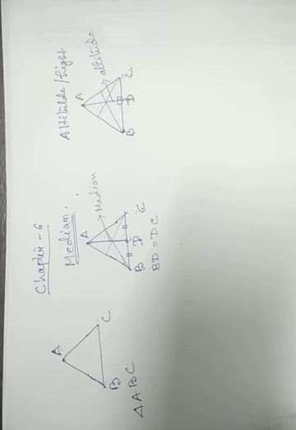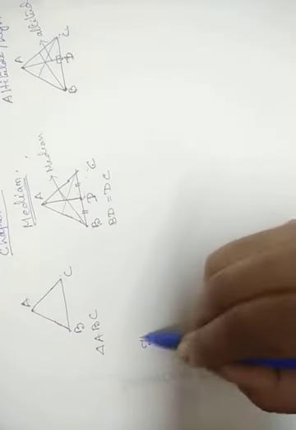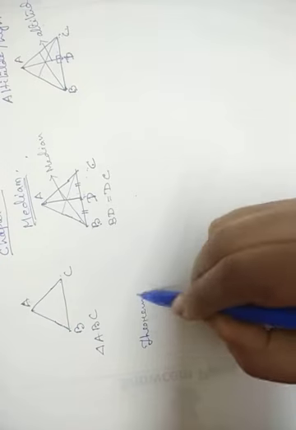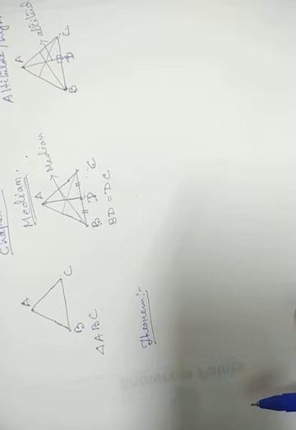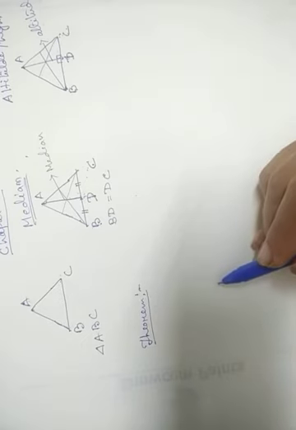Now, the theorem. One theorem is there. What is the theorem? It is a theorem or a property of a triangle.